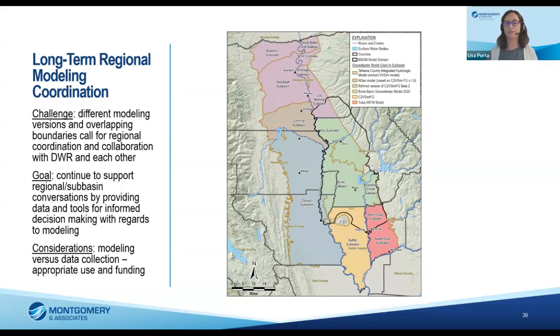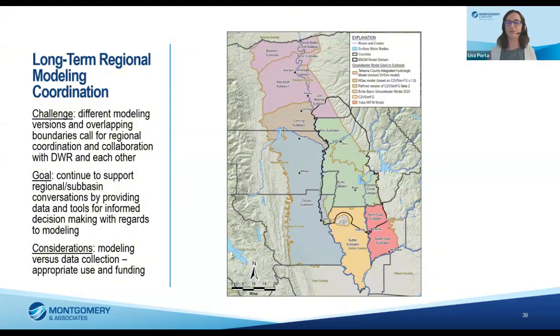The goal is for this effort to continue supporting regional and subbasin conversations by providing data and tools, such as what we've provided today and will be available in a tech memo soon, to inform decision-making by GSAs with regard to modeling and how to use these models. Also, none of the models are completely accurate or right.